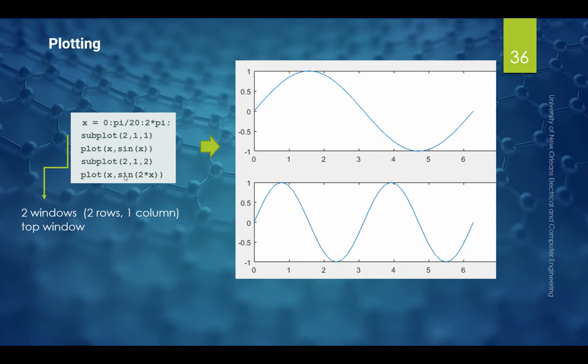And so it's going to plot x sine 2 times x on the second window. So again, this defines 2 windows, 2 rows and 1 column, with the top window indicated by this number 1, and the bottom window indicated by this number 2.